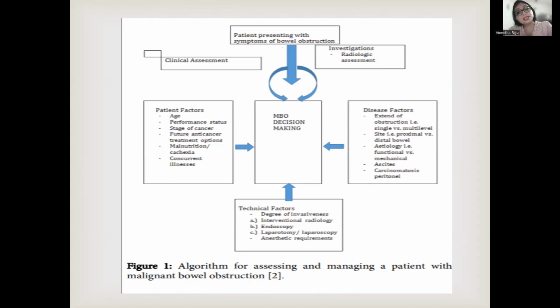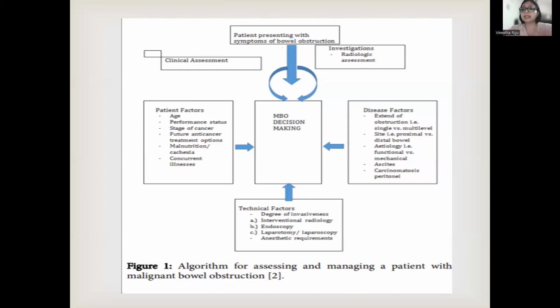Now, coming on to disease factors, what is the level of obstruction? Is it just at one point, or is it at multiple points, like we were talking about earlier, right? What if there are small bowel level obstructions and large bowel level obstructions because of the disseminated peritoneal malignancies? They are all poor prognostic factors.